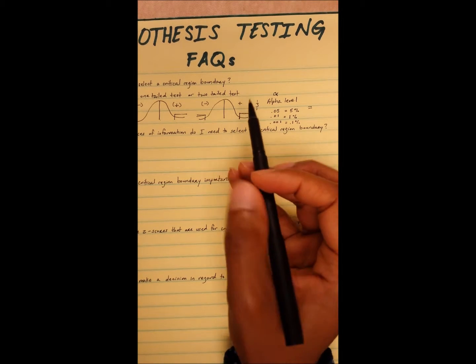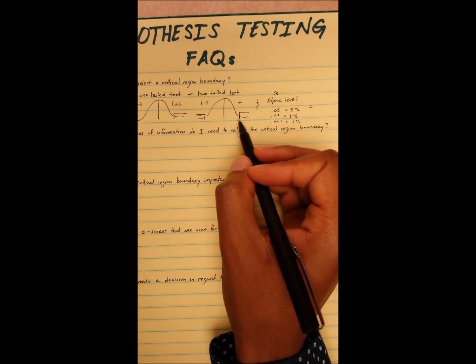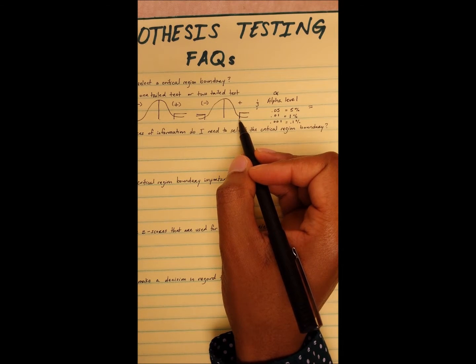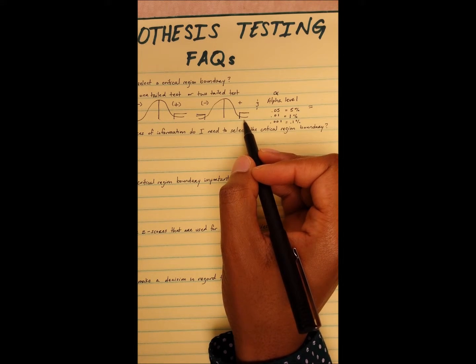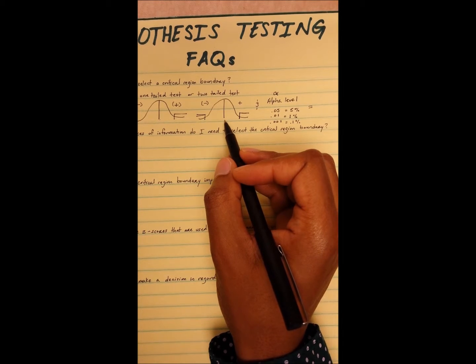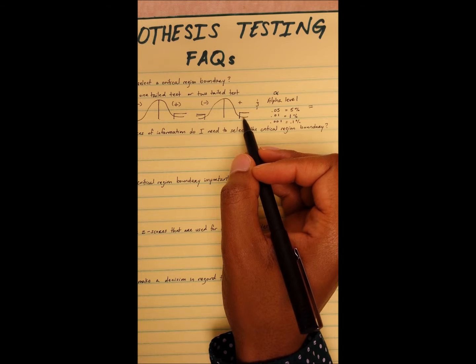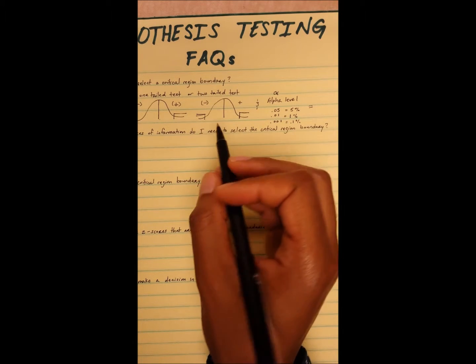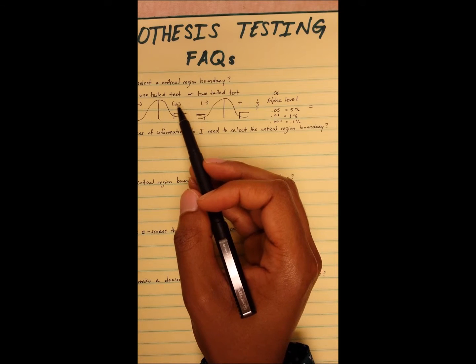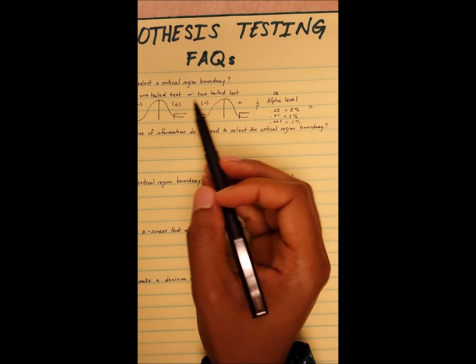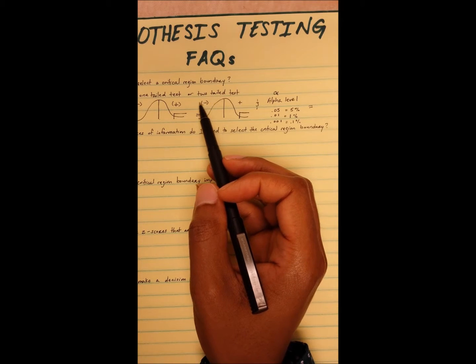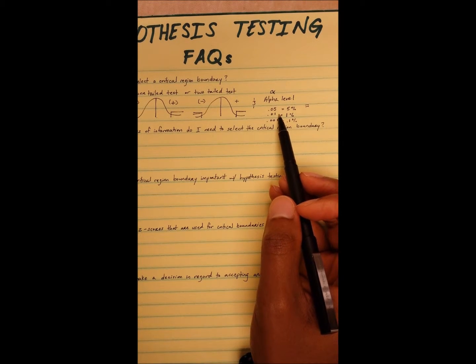Okay, and this critical region boundary is a marker that allows you to say that if your calculated z-score exceeds it, it's a significant difference. Okay, it's far away from this population mean, and that very well likely may be due to the treatment, or maybe due to just the sample and typical characteristics of it. Okay, so how do I select a critical region boundary? By taking into consideration if it's a one-tailed test or a two-tailed test, and then based off of that, taking into consideration your alpha level.